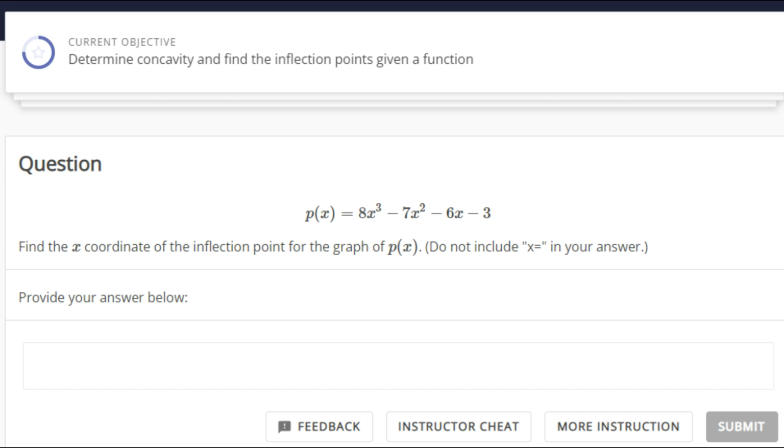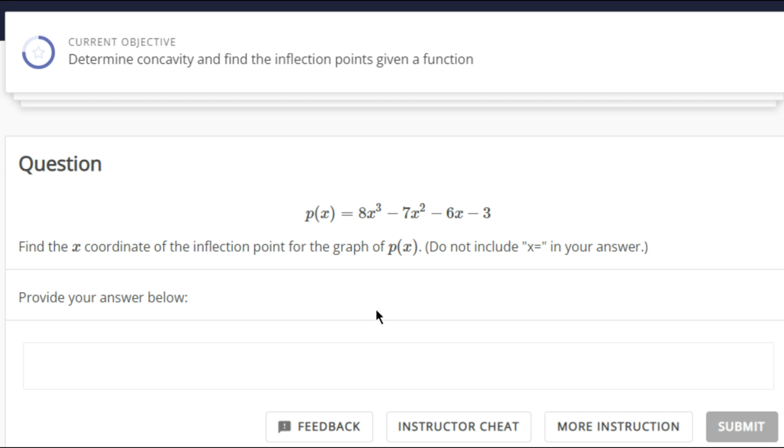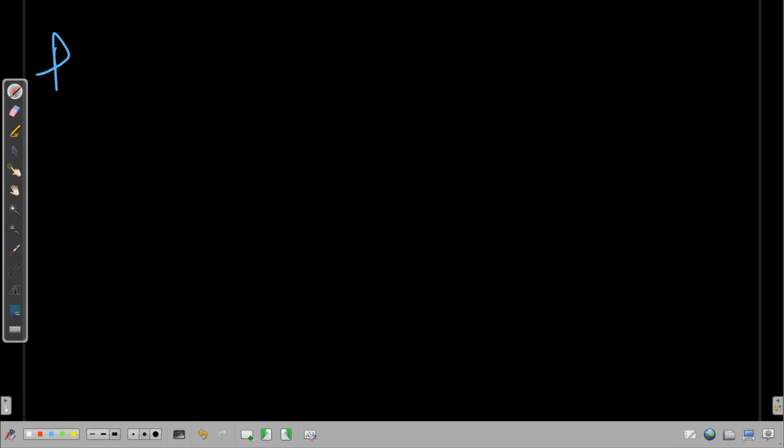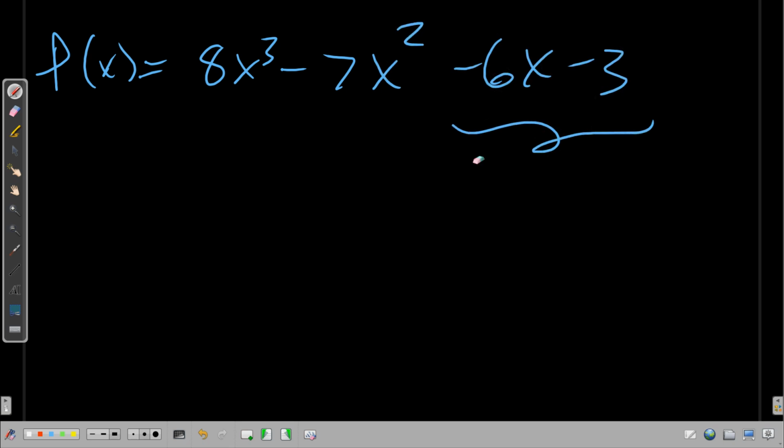We have another cubic. Find the x coordinate of the inflection point of P. Okay. Well, P of x is 8x cubed minus 7x squared minus 6x minus 3, and these two things don't even matter at all because they're going to be gone by the time I do the second derivative.